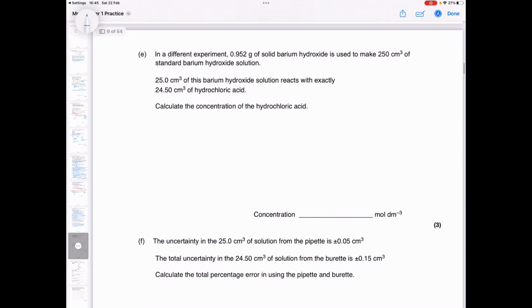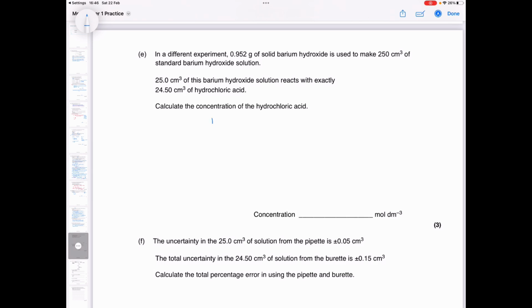In a different experiment, 0.952 grams of solid barium hydroxide is used to make 250 centimetres cubed of standard barium hydroxide solution. 25 centimetres cubed of this barium hydroxide solution reacts exactly with exactly 24.50 centimetres cubed of hydrochloric acid. Calculate the concentration of hydrochloric acid.